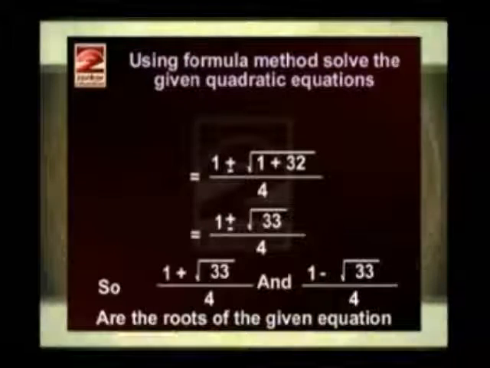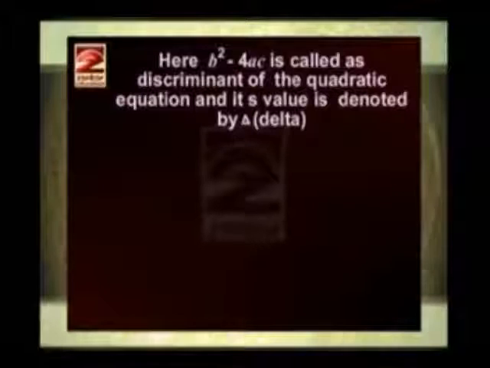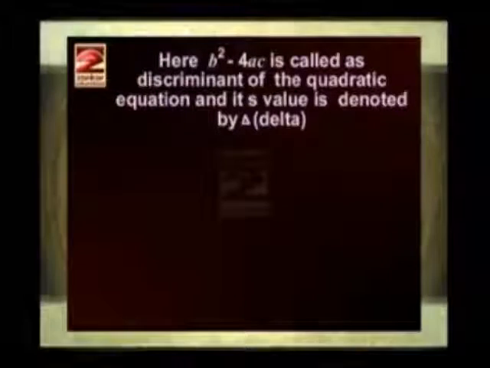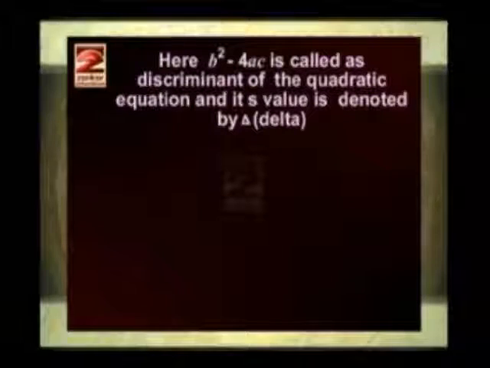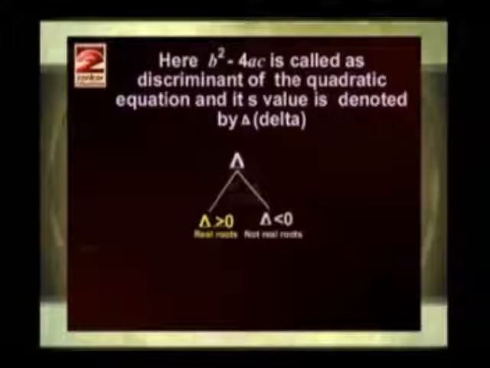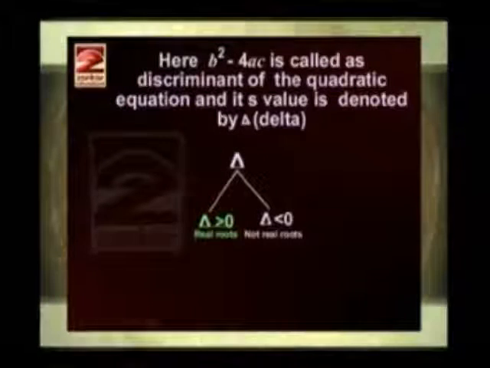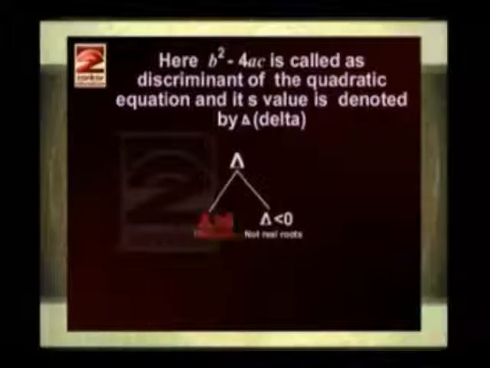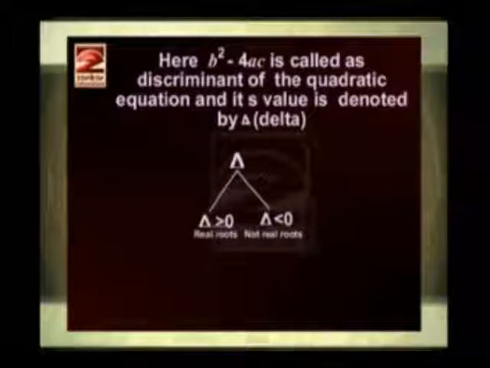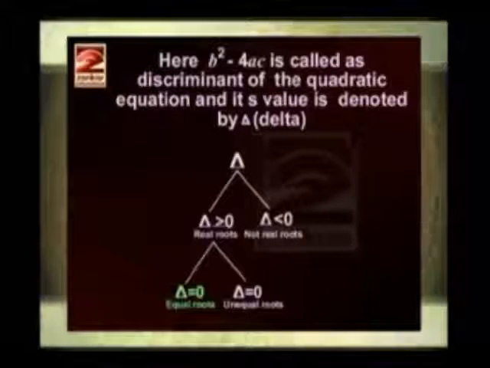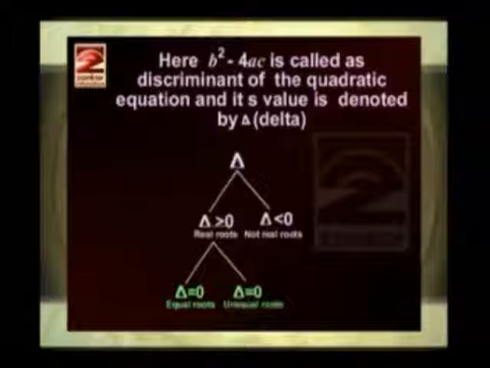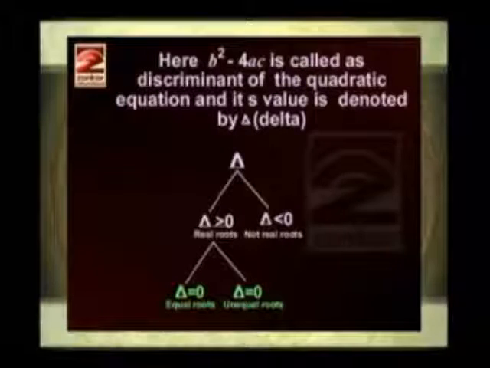Here, b square minus 4ac is called as discriminant of the quadratic equation and its value is denoted by delta. If delta is greater than or equal to 0, then there are real roots. These real roots may be equal roots if delta is equal to 0 and they are unequal roots if delta is greater than 0.